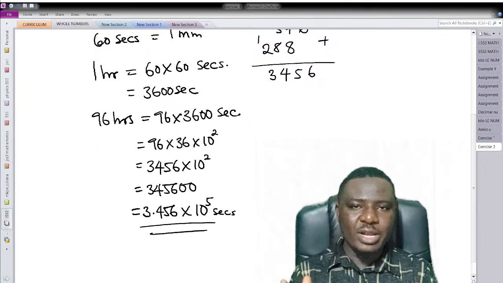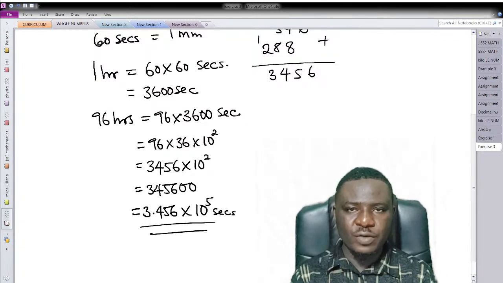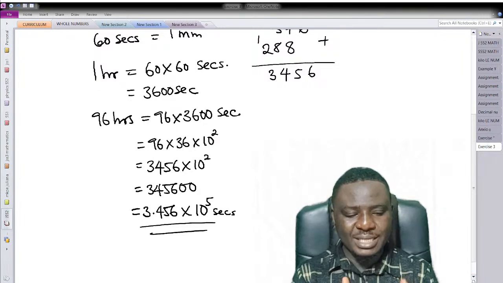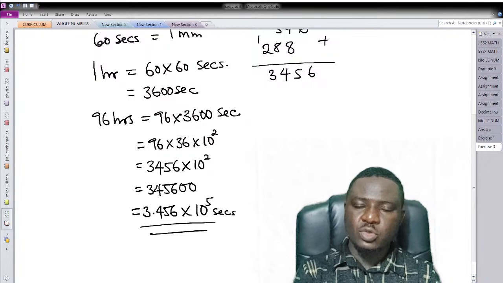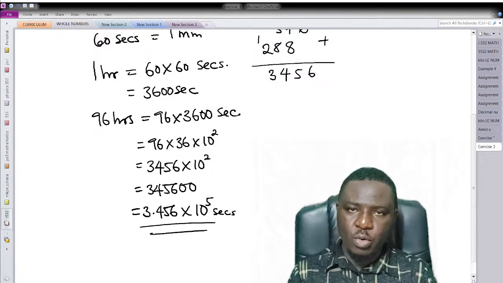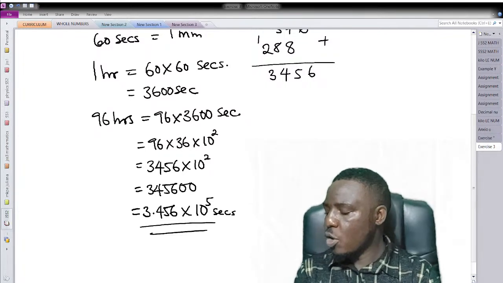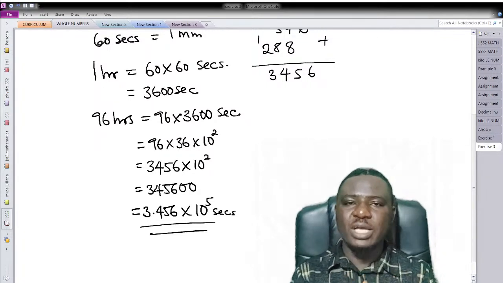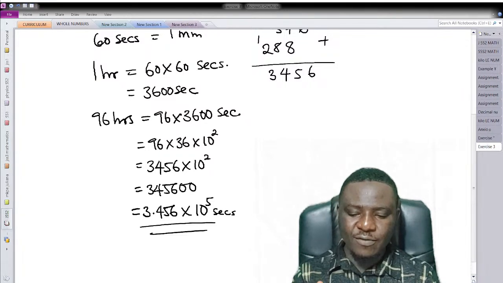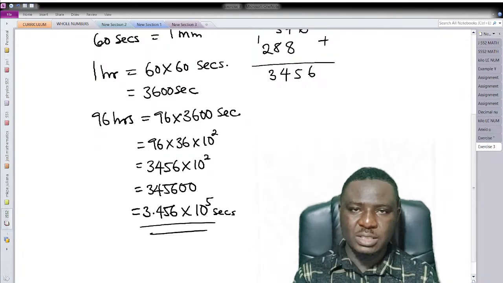If you observe all the examples I have been solving, as well as the exercises I have given, they are all numbers that are greater than 1. So in our next class, which will be tomorrow, we shall look at how to express decimal numbers in standard forms, which are smaller numbers.